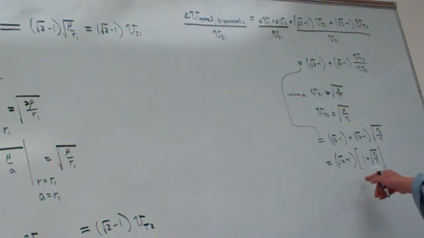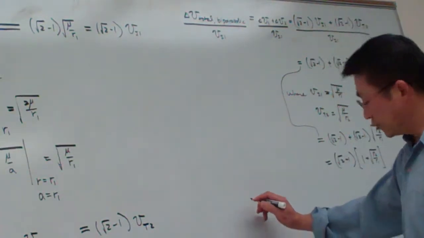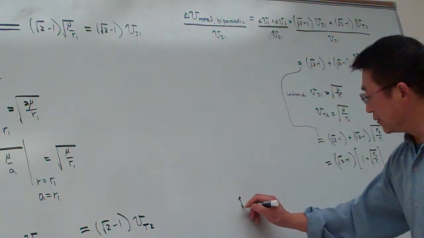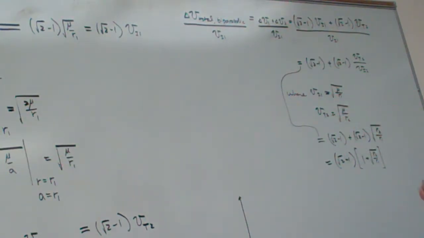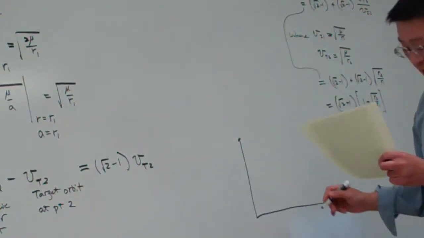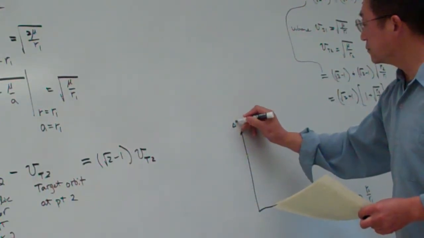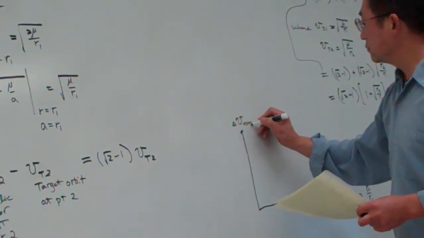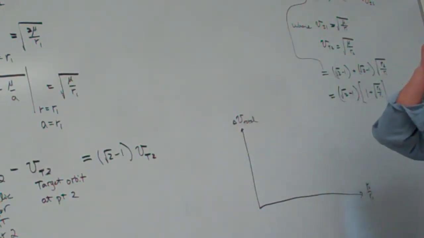So from these scaling factors, we have this information, and we can draw a line. Say this is the scaling factor here, R2 over R1, the relative ratio between the initial and target orbit. And this is the energy, the total velocity change, which means the fuel.